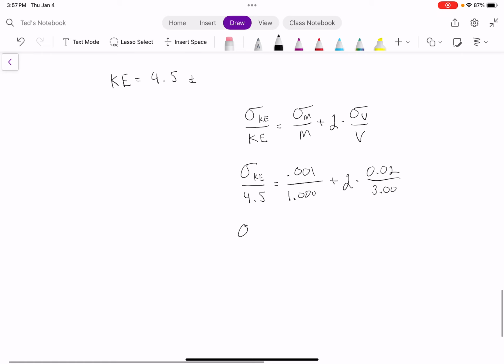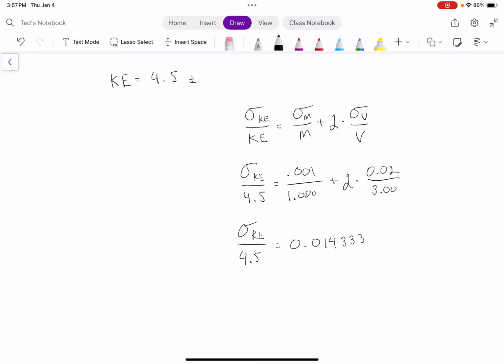The uncertainty in kinetic energy divided by 4.5 is equal to 0.001 divided by 1 plus 2 times 0.02 divided by 3, which is 0.014333.